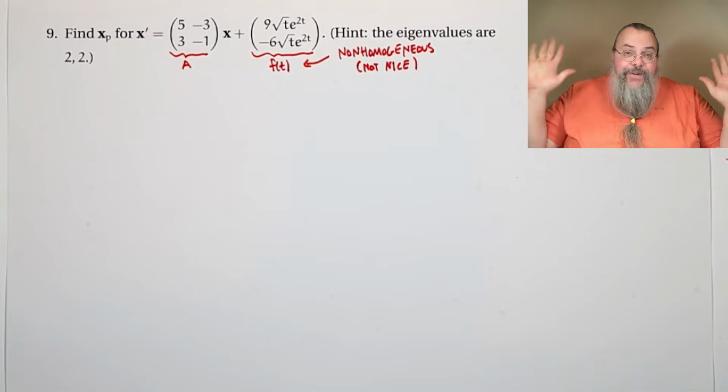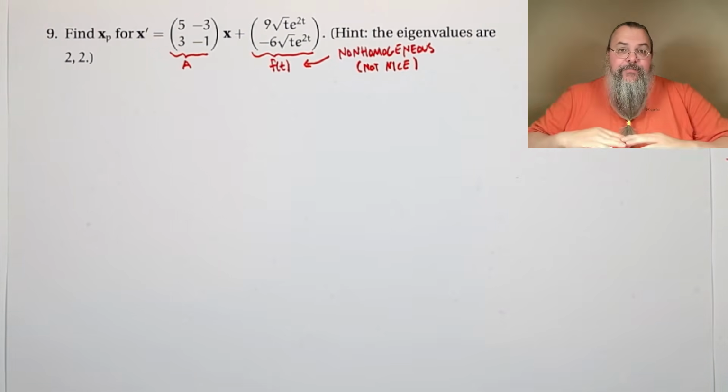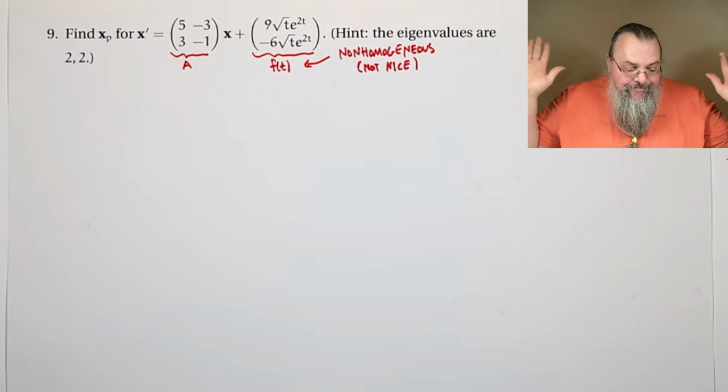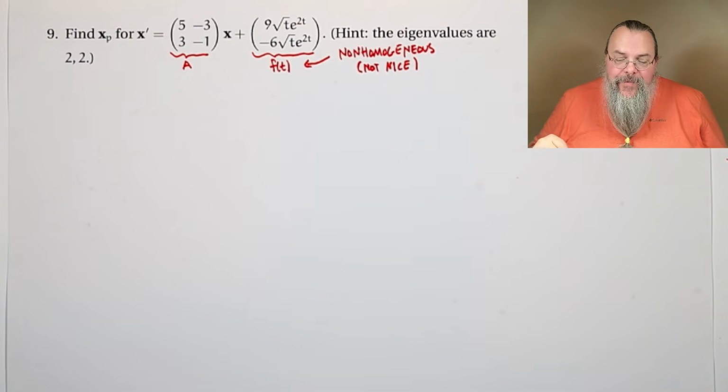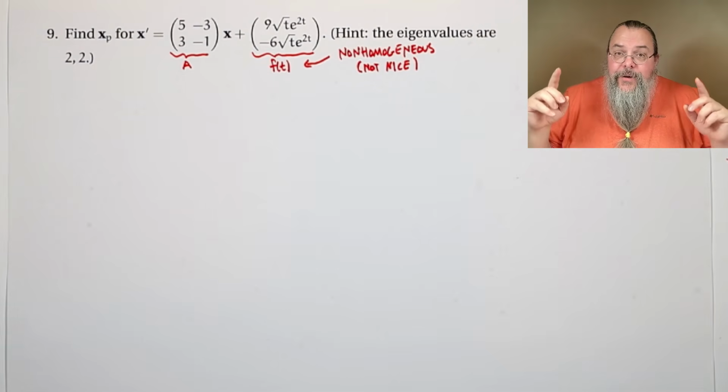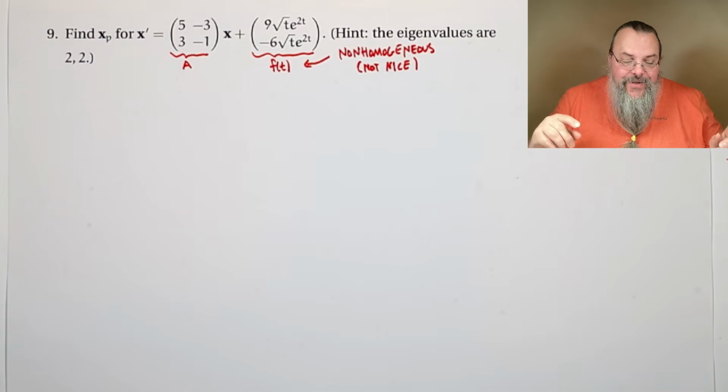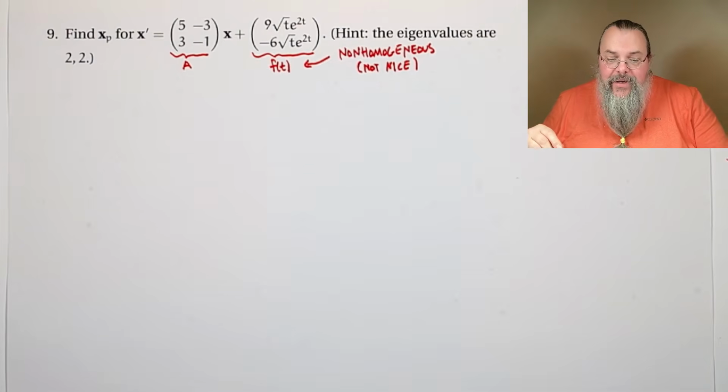So we cannot use method of undetermined coefficients. That's out. So what can we use? Well, what we can use is variation of parameters. Okay, so what does that say?